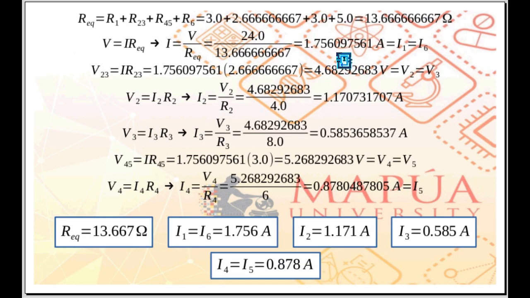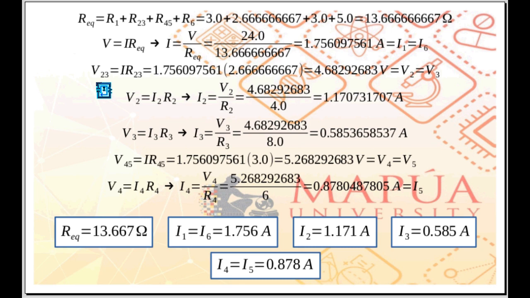And that current is total current I. So, current through R1, I1, and current through R6, you have I6. I1 and I6 are both equal to total current I. I1 is equal to I6 is equal to 1.756 amperes.